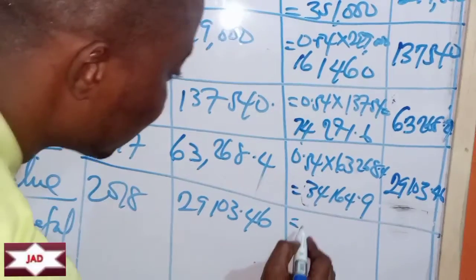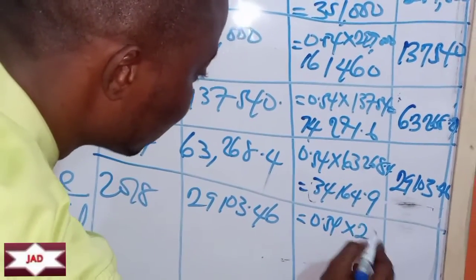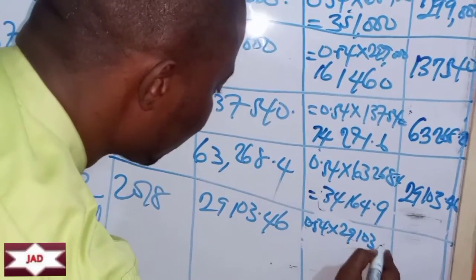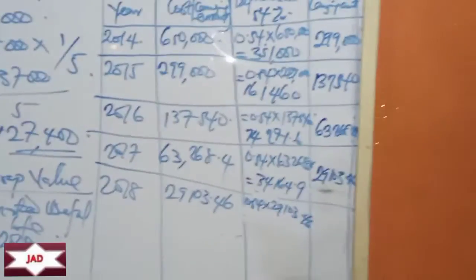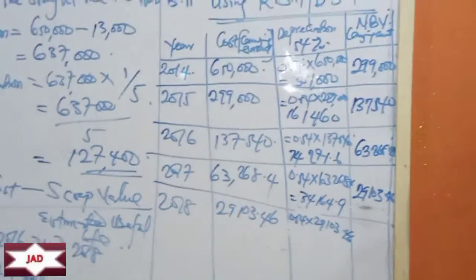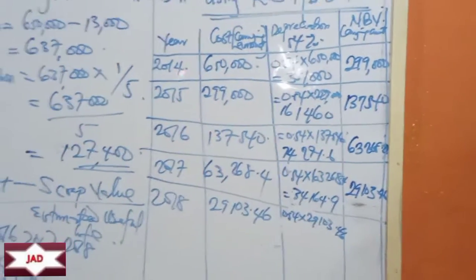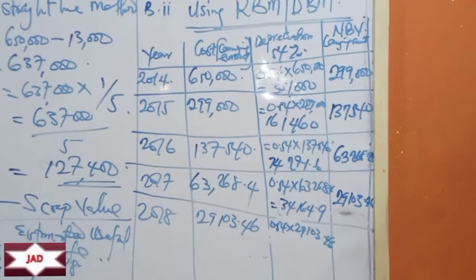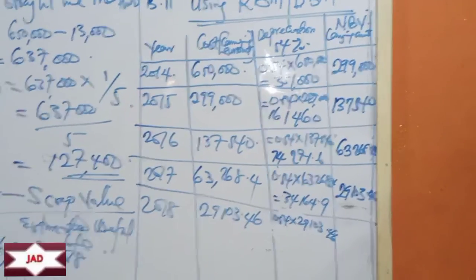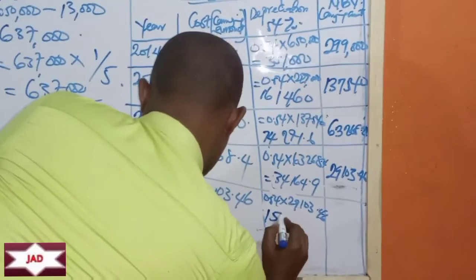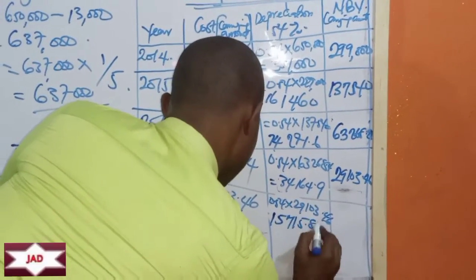So 2018, that will come here, 29,103.46. So depreciation will now be 0.54 times 29,103.46. So I have 15,715.87.